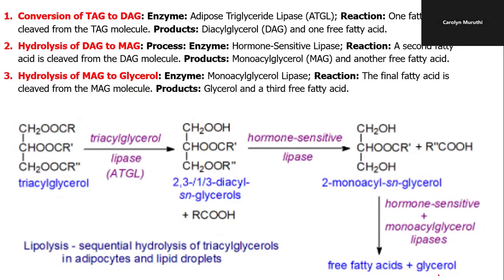Here, as we shall see in later slides, they will undergo beta-oxidation to generate energy. In the liver, the fatty acid may also be converted into ketone bodies, as we shall see in another session on ketogenesis. Glycerol will take a different route.